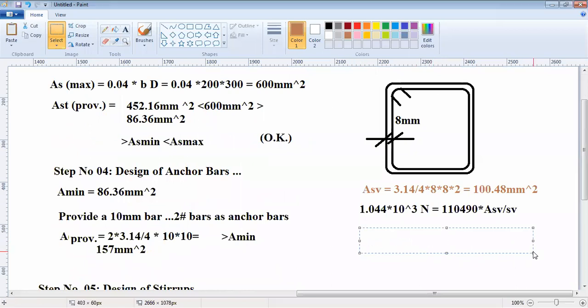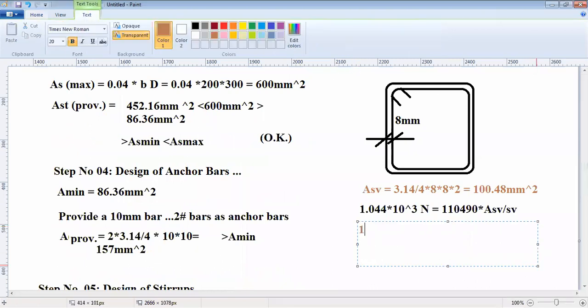So now 1.044 into 10 raised to power 3 will be equal to 110490 into ASV, which is 100.48, divided by SV.